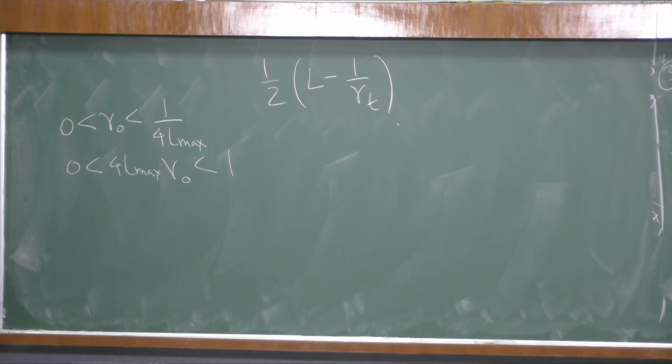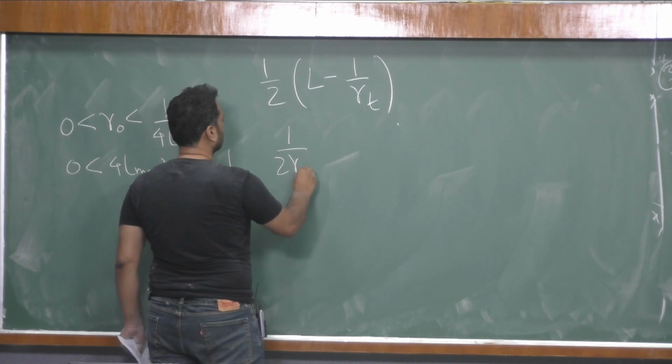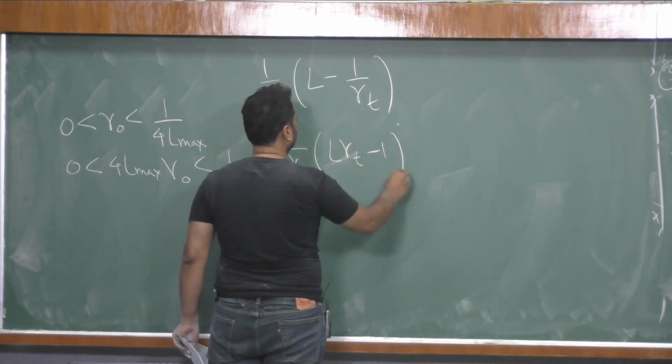So from there we have L gamma t, but each of the L is eventually less than L max. So this is 1 by 2 gamma t, and gamma t is positive, so we don't care. What we are left with is L gamma t minus 1.